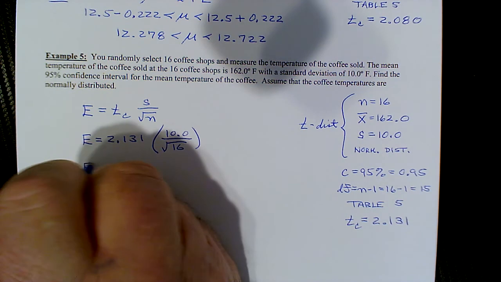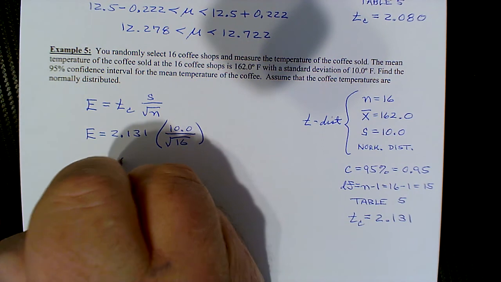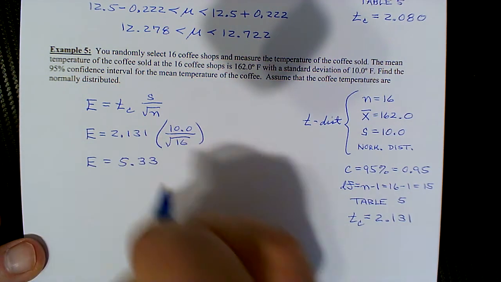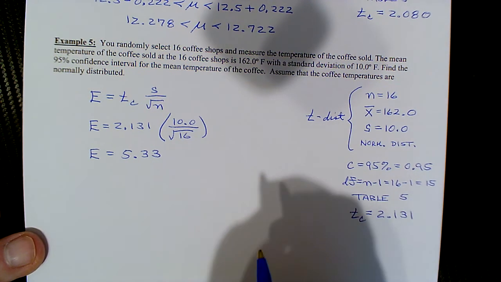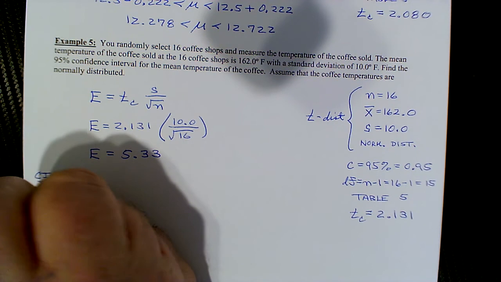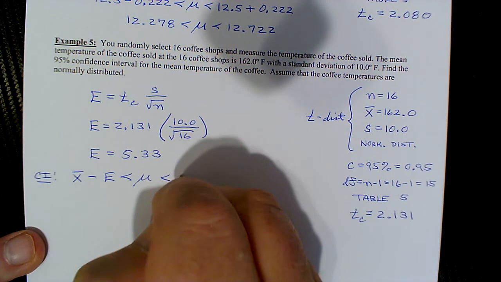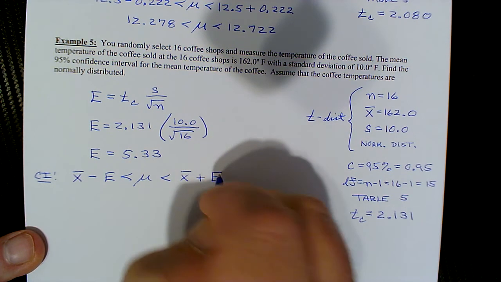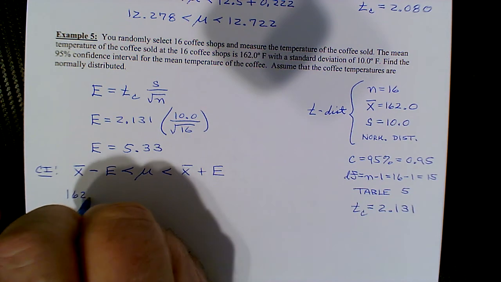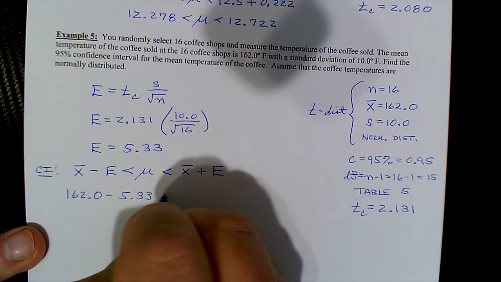Okay, so now the confidence interval. So x bar minus E is less than mu, which is less than x bar plus E. And x bar, the sample mean, was 162.0 minus the margin of error of 5.33 will give us our left end point, which is less than the population mean, which we're trying to estimate, which is less than the right end point, which is the sample mean of 162.0 plus that margin of error of 5.33.